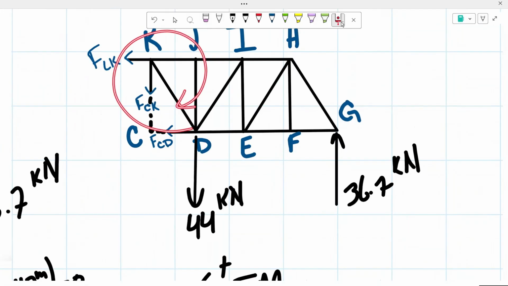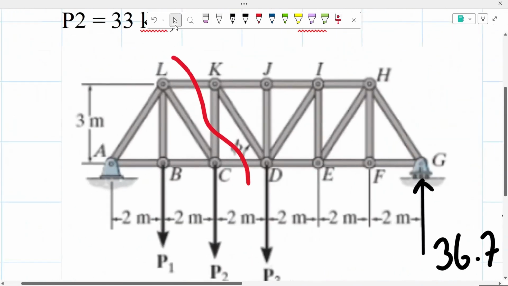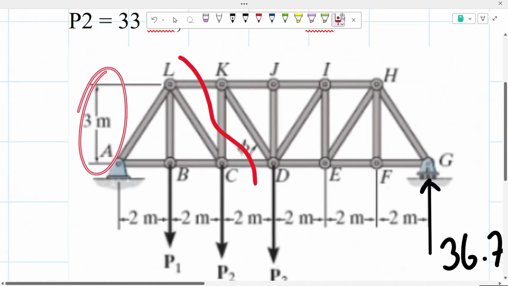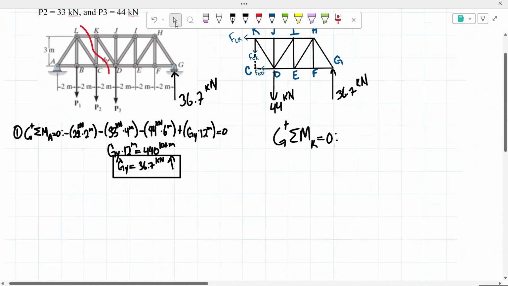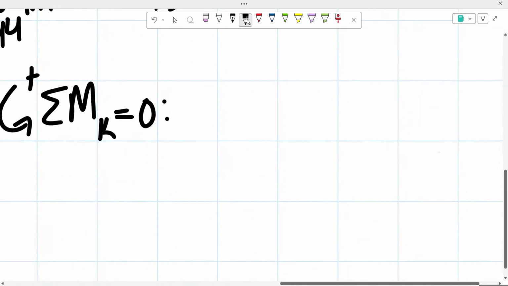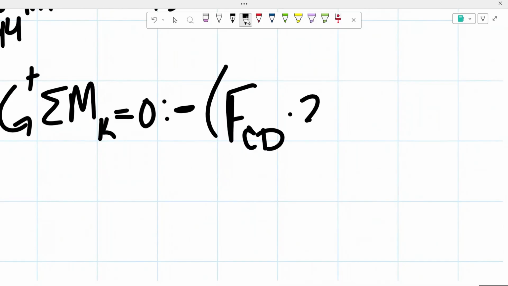So it's going to create a clockwise moment, so a negative moment, with the force that we're trying to determine. And then the distance, if we go back to the image that they give us, we know that there is a distance of 3 meters. So negative moment, the force we're trying to determine, times the distance of 3 meters.